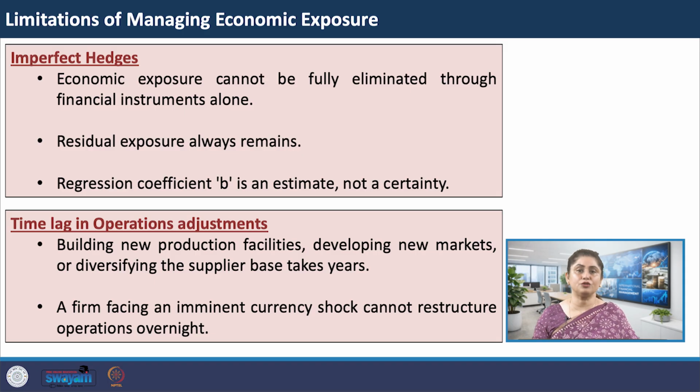The regression coefficient B that we calculated in the previous lecture was the measure of economic exposure. It is an estimate derived from historical data. It has a standard error and a confidence interval. You might estimate that a 10% rupee appreciation reduces Indus Grand's revenue by 15%, but the actual outcome can be different.